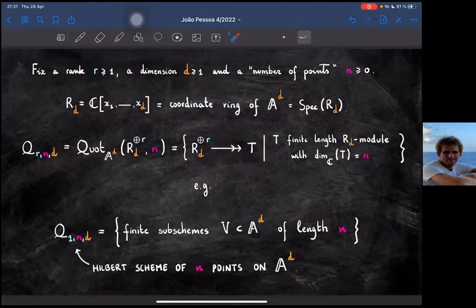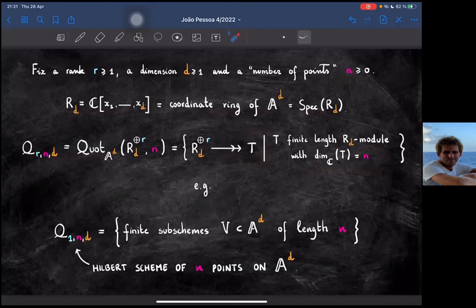So this means that the dimension of the quotient over the complex numbers is finite. And this dimension is n. So in other words, if you see it geometrically, it means that T corresponds to a sheaf supported on n points.